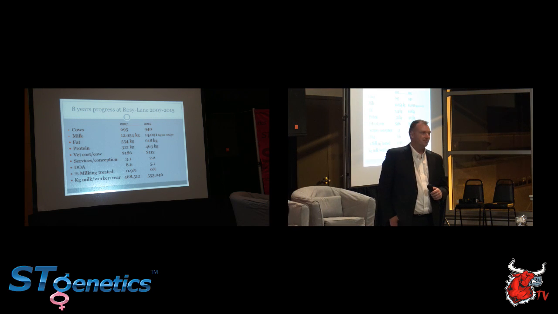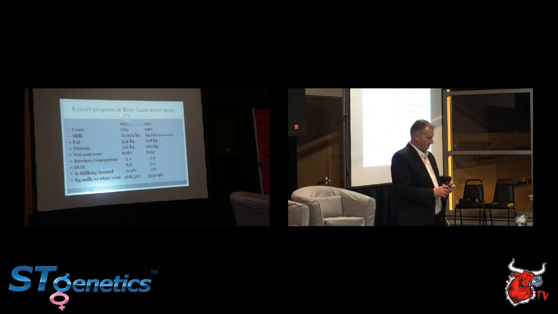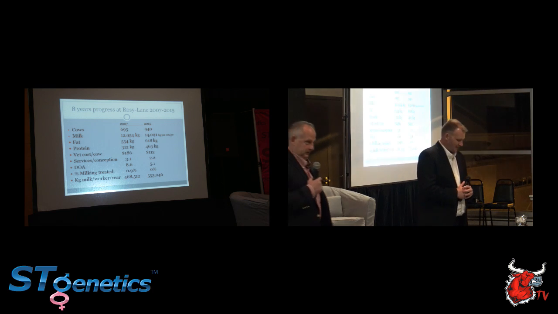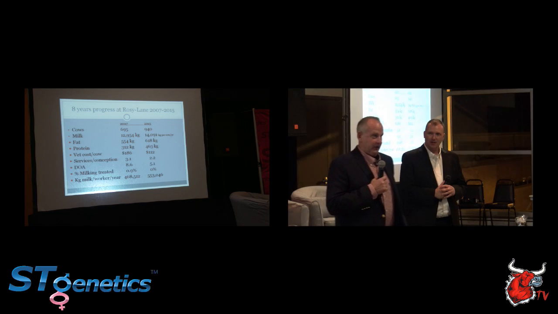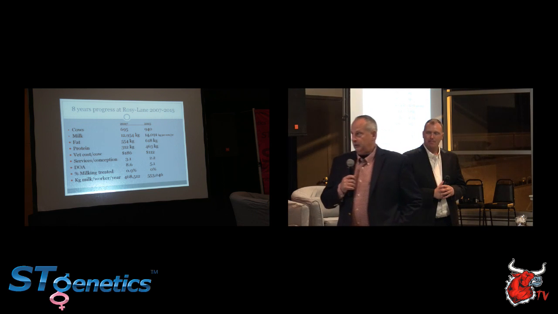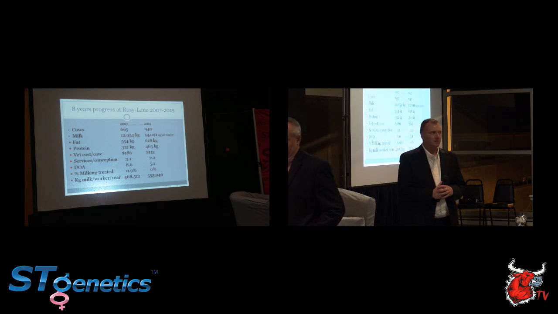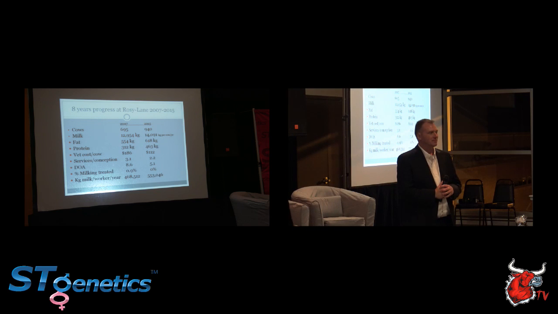It's incredible. We track our vet costs per cow, vet costs per hundredweight. So in 2007 we had 695 cows, in 2015, 940. The milk is actual shipped milk. It's not DHIA, it's actual marketed milk. That 14,000 number is a number I'm really proud of. That's 31,000 pounds of shipped milk per cow in 2015.